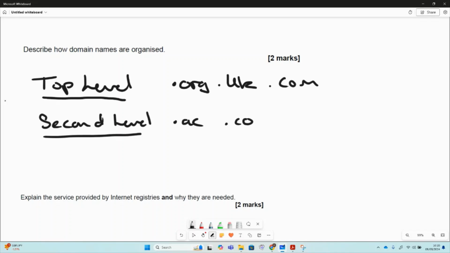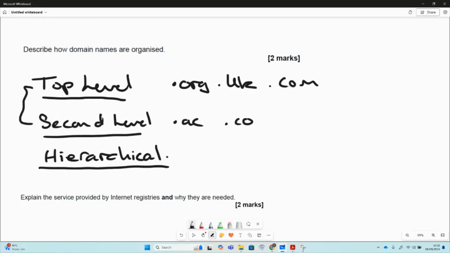The other thing that can get you a mark is just to say that they're organized hierarchically, if you can spell it, and even if you can't, because we're not measuring spelling. Hierarchical. So if you mention hierarchical, you're going to get a mark. If you've mentioned both top level and second level domains, you'll get the same mark. But if you've mentioned a nice example like these, you'll get a secondary mark there.